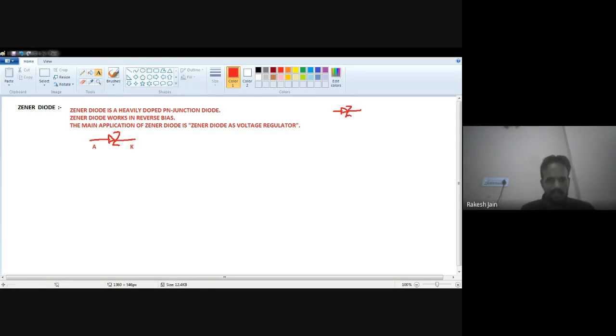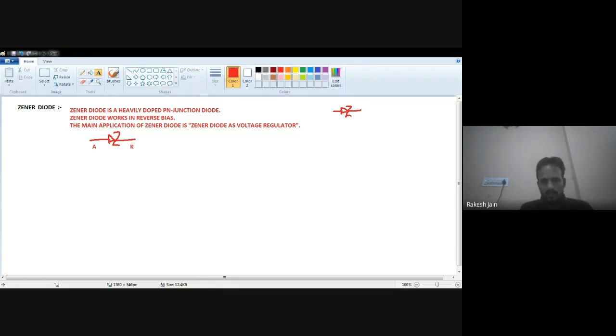Otherwise, practically, when we see a Zener diode, it looks orange in color with a black line on it. Let me show you the Zener diode as it looks in the market when we purchase it. It will be orange with a black line, and the black line marks the cathode terminal.